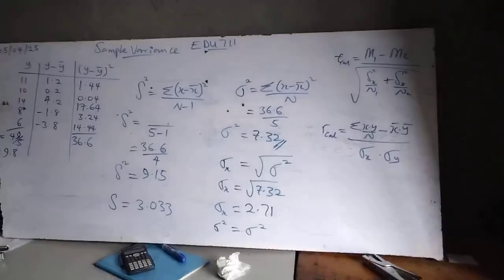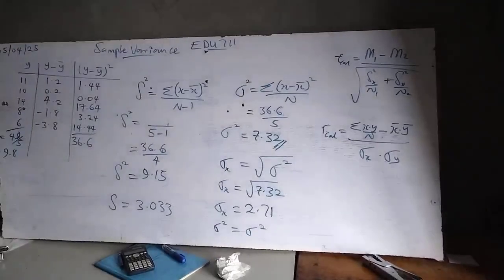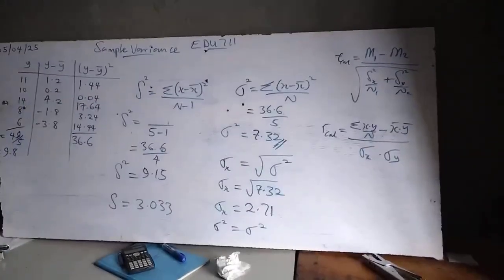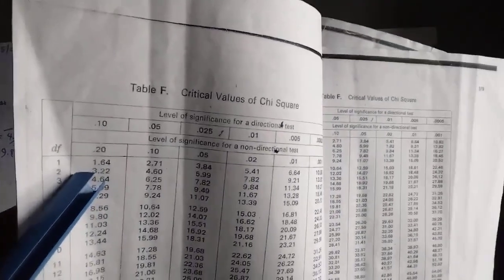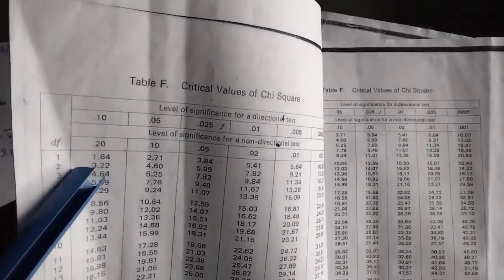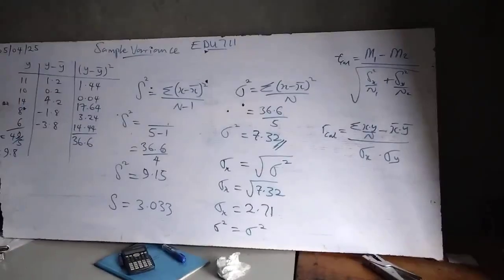So note that Spearman for Spearman, Pearson for Pearson, and you have T for t-test, while you have chi-square for chi-square.